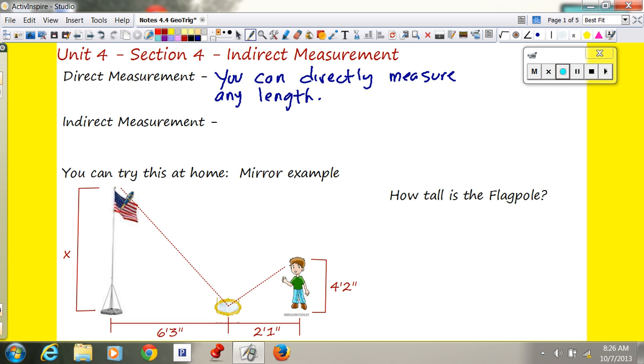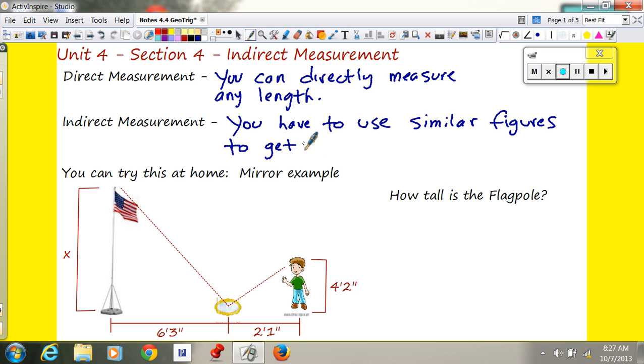Indirect measurement is, basically, when you can't, because indirect means not direct. It's the little prefix in that means it's not direct. So basically you cannot measure things directly. What I would put down here is, you have to use similar figures to get the measurement.